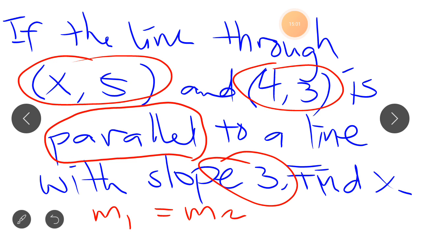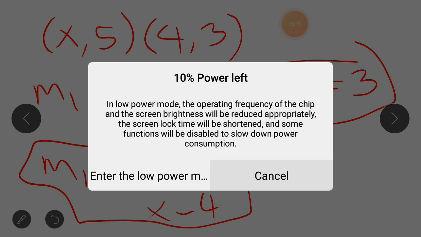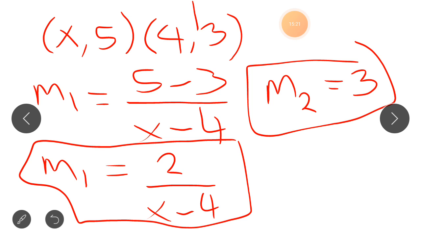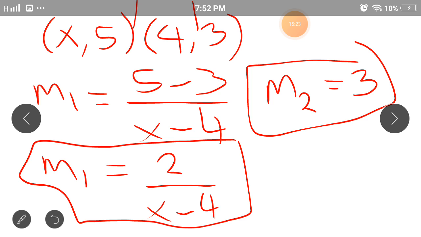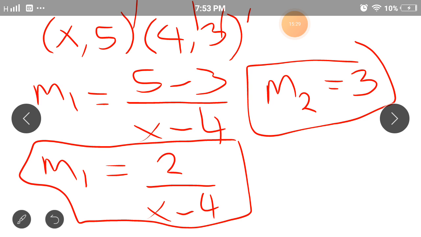And to use this, you need to find the slope of the first line that passed through x, 5 and 4, 3. Then, the slope of the second line is already given, and that is 3. So, that's what we did. We find the slope of the first line, and we got 2 over x minus 4, and the slope of the second line, which is already given, and that is 3.